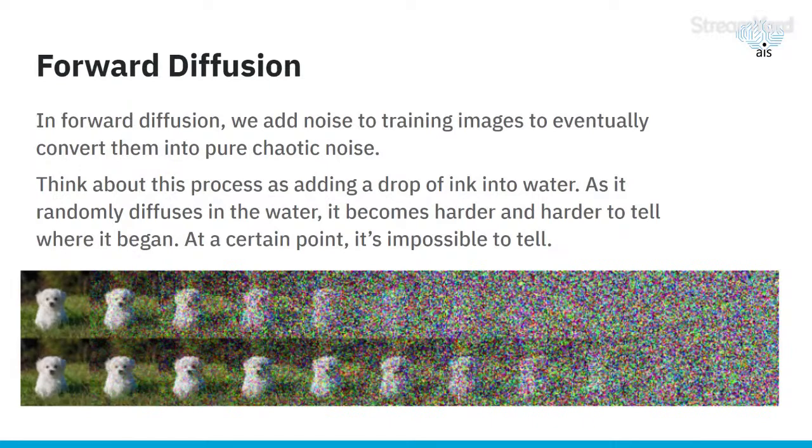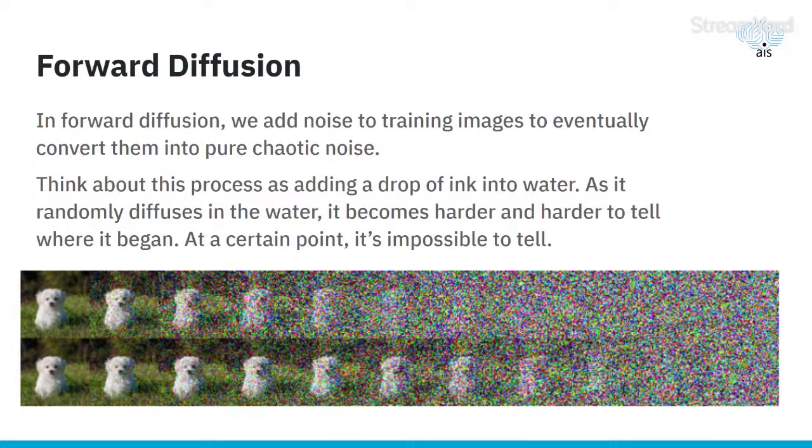In a diffusion model, there's two things. The simpler one is forward diffusion. In forward diffusion, we just add noise to an image until we can't tell what it was a picture of initially. In this case, it's a picture of a dog. We just add noise, noise, noise. Eventually there's a point where you can no longer tell what it was.